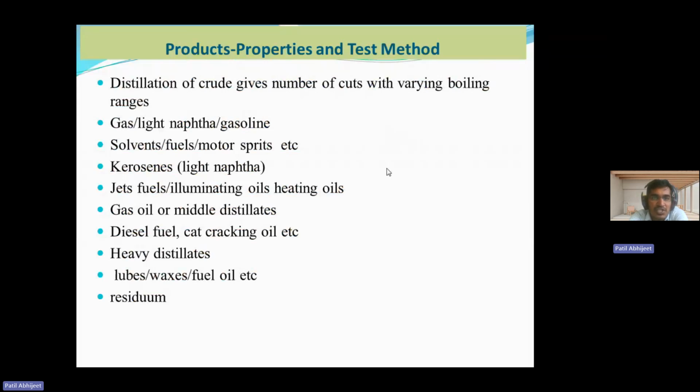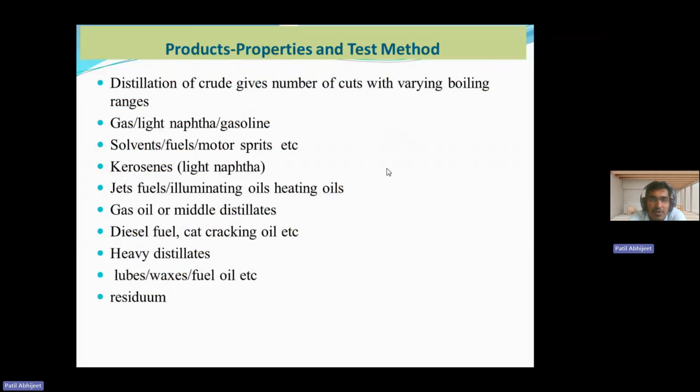The distillation of crude gives n number of cuts, which we call products of atmospheric distillation or products of vacuum distillation, and these vary with their boiling ranges. Somewhere the boiling range is near 220 to 280 degrees Celsius, somewhere in the range of 320 to 480 degrees Celsius, and based on that these products are obtained.